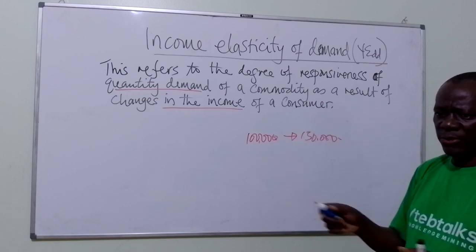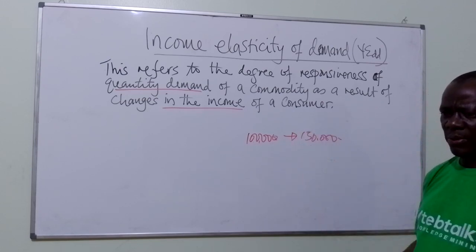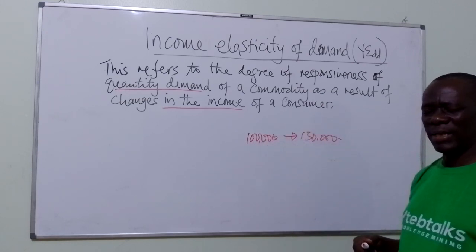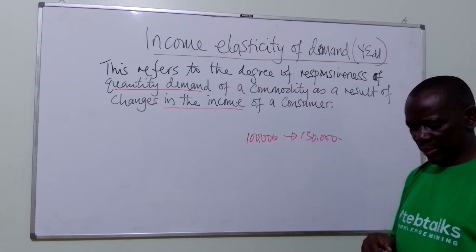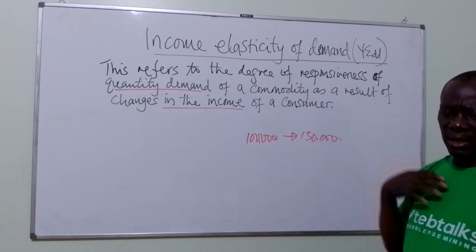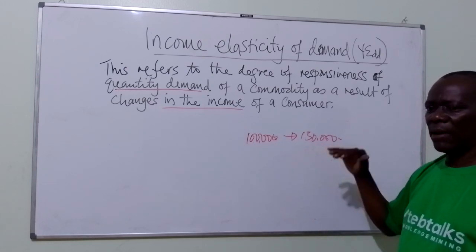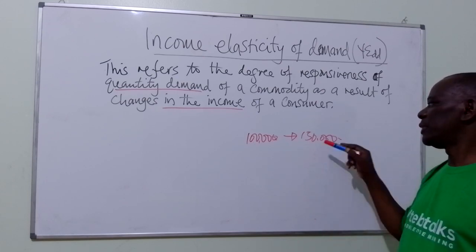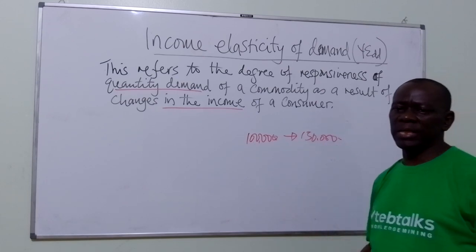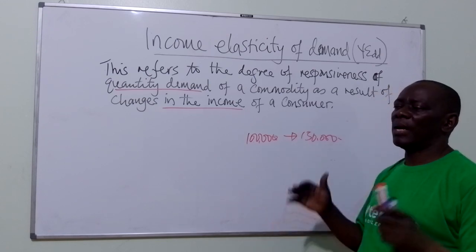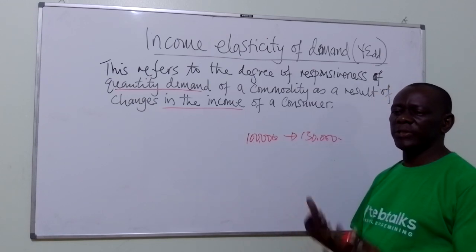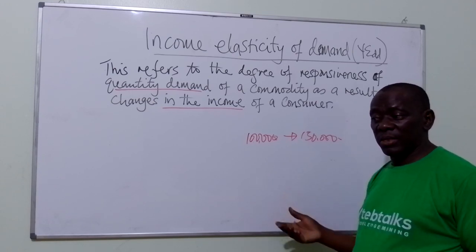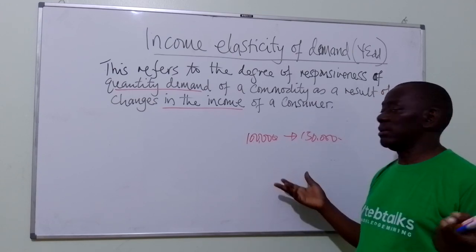We want to see the relationship. Is there a relationship between one's income and the demand for another commodity? If my income increases, which effect will there be for the demand for a certain commodity? Each commodity has its way of changing depending on the income. There are commodities which don't change.